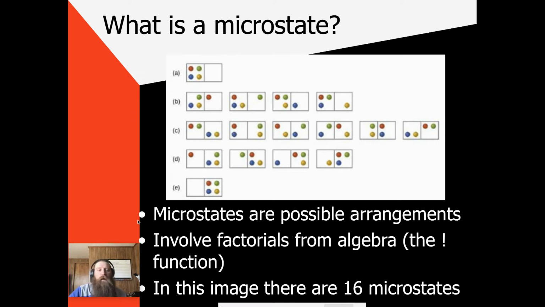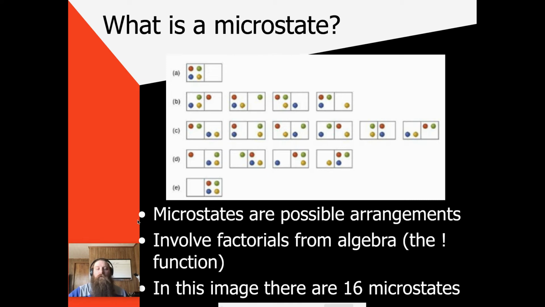In the first picture, A, all four of our particles are on the left side of the box. In B, we have all the different ways where one of the particles could be on the right and three on the left. You can see there are more possible arrangements for one particle to be on the right compared to A, where all of the particles are on the left. There's only one microstate where that happens.